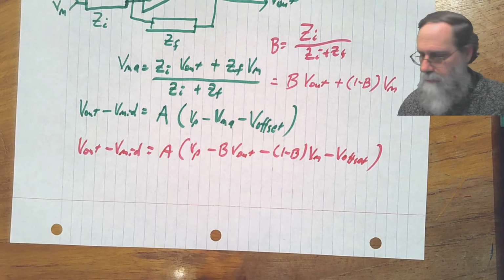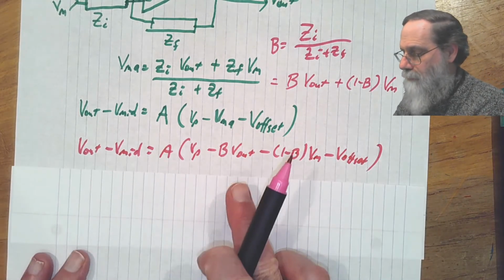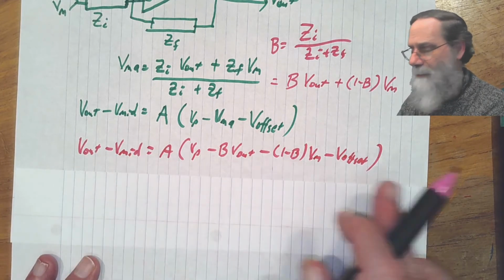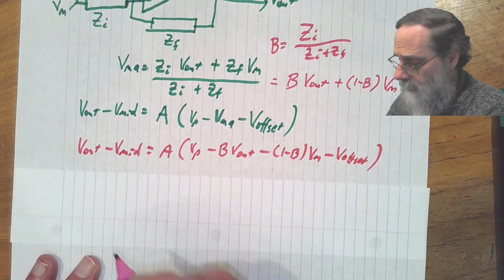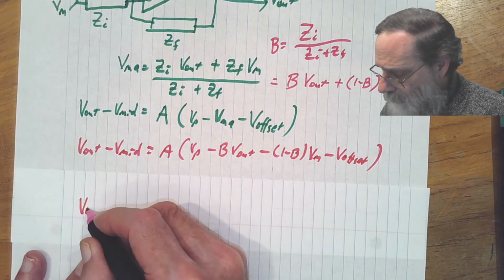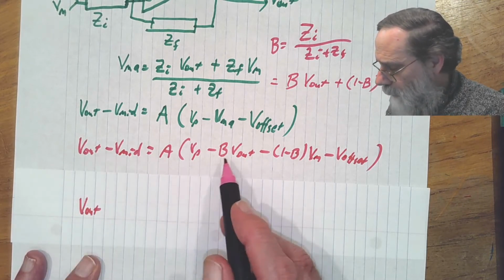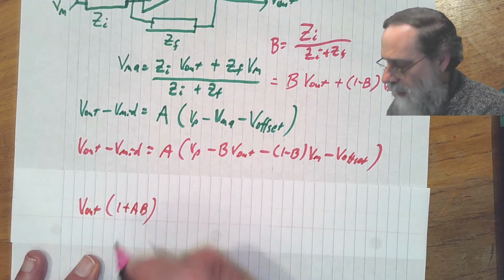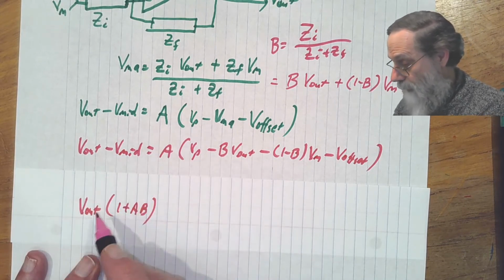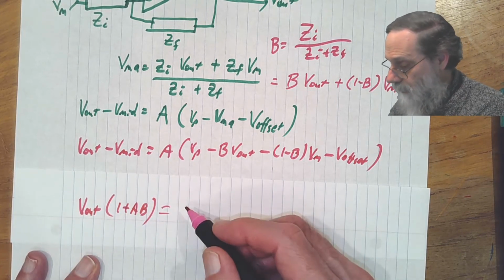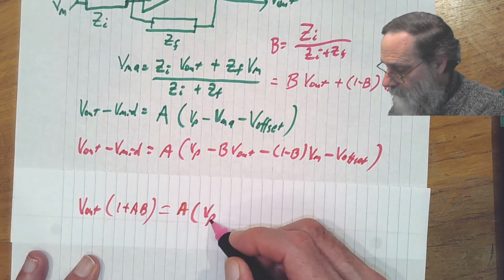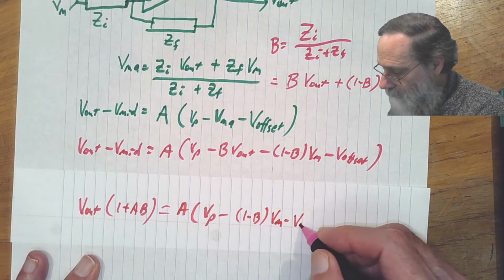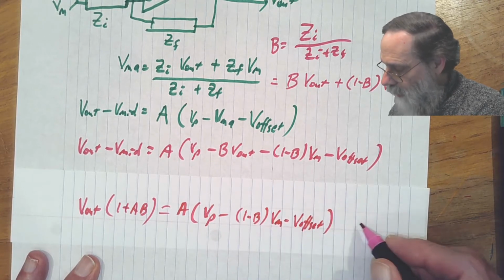So let's move the V out over to the left-hand side, and let's move the V mid over to the right-hand side, and get this thing as V out, and then we're going to have the 1 here, and we're going to be adding another AB to that, so 1 plus AB, times, okay, that's going to be equal to A times Vp minus 1 minus B Vm minus V offset plus V mid.